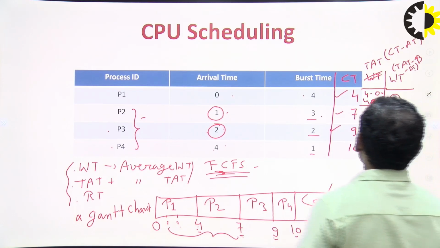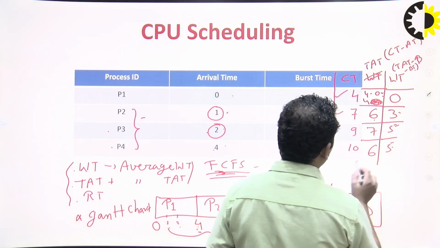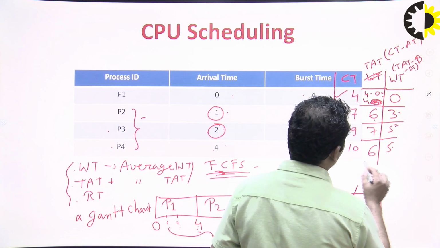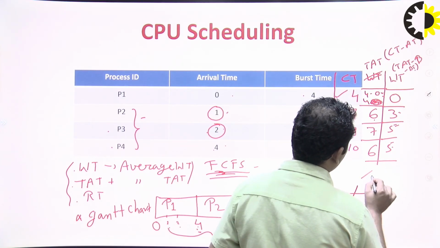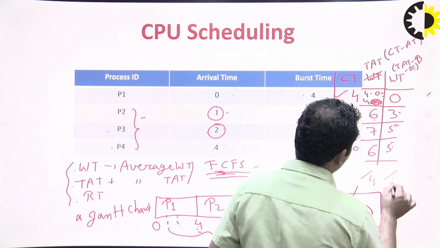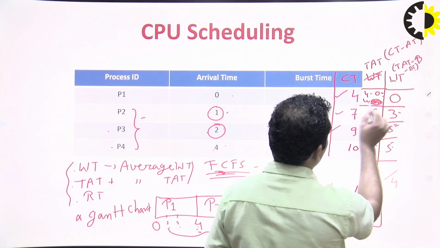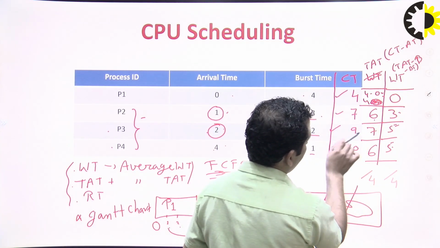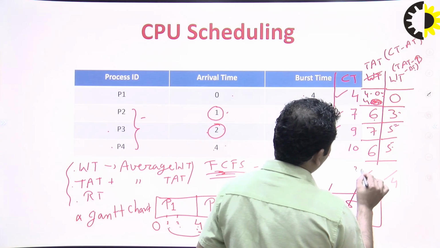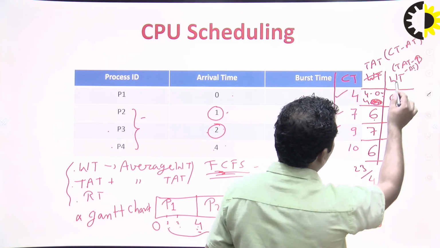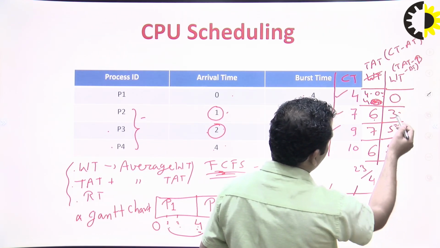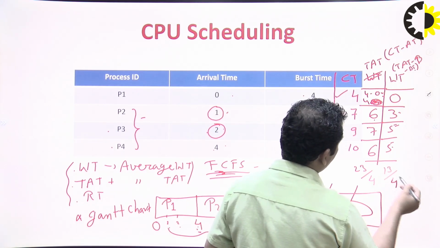We can also calculate the averages: average CT and average TAT by summing and dividing by the number of processes, which is 4. The sum of TATs is 4 plus 6, 10, plus 7, 17, plus 6, 23, divided by 4. The average waiting time is 0 plus 3 plus 5 plus 5, 13, divided by 4.